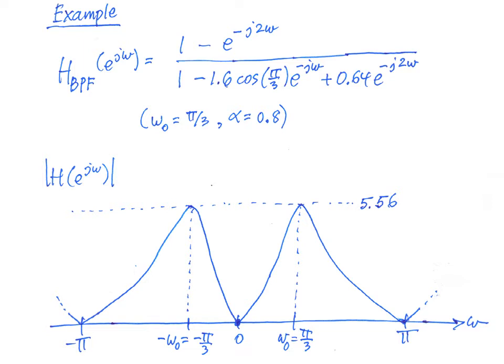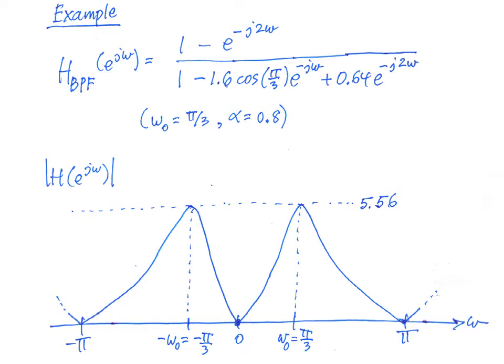What's missing from this expression is a way of forcing the peak amplitude to be any particular value. That would complicate the expression, but it would only change the values of B0 and B1 by some scaling factor. I chose to leave those equal to 1 and minus 1 for simplicity's sake, which gives us a peak magnitude in the response of 5.56 approximately.